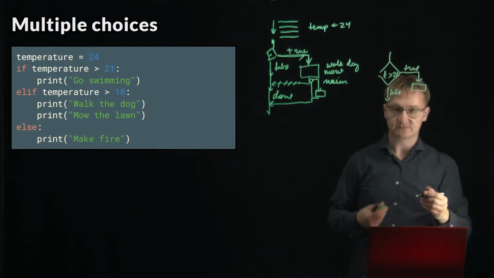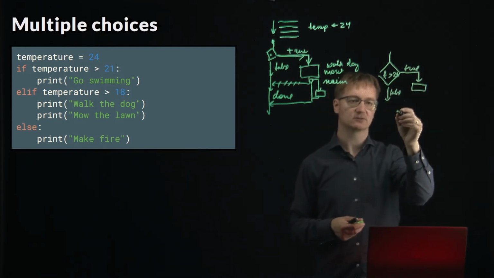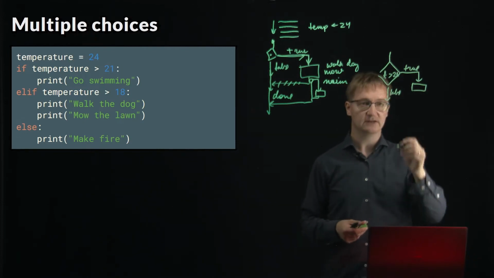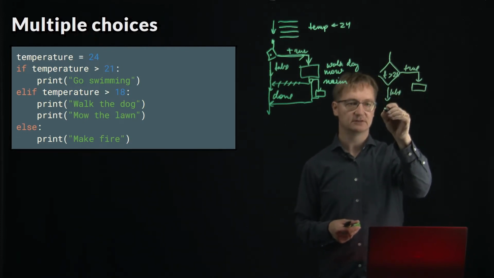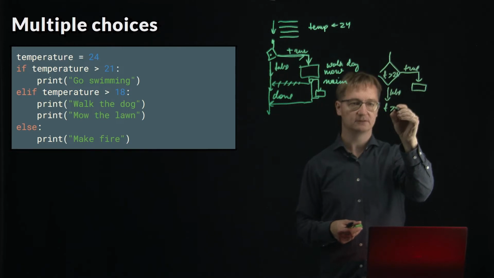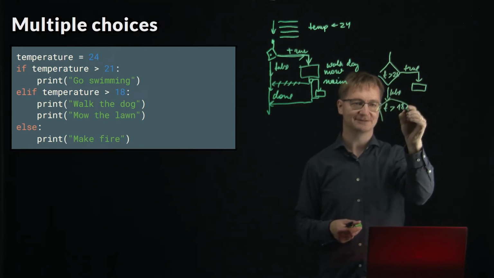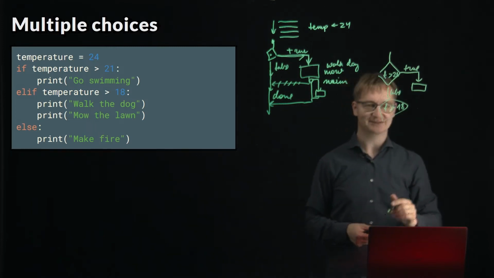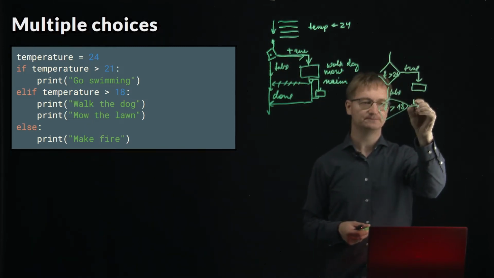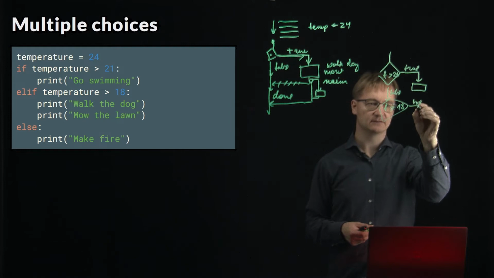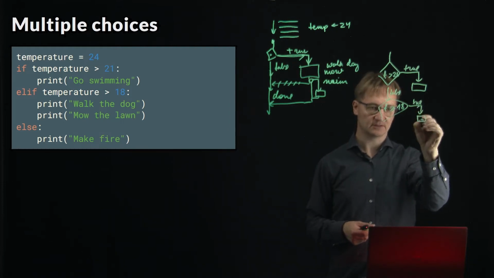But now if it's false, then we have an additional condition: if the temperature is above 18 degrees. Not a very nice diamond here. If it's true, then we execute something here.